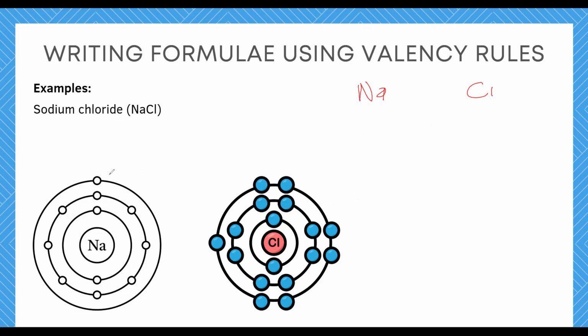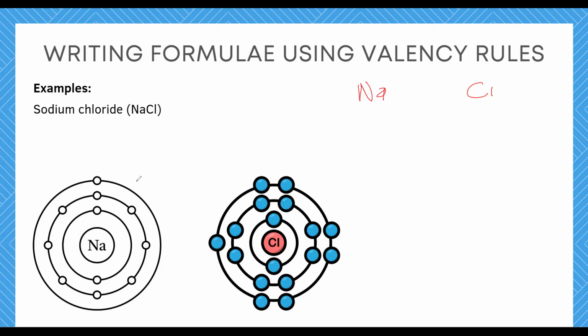How do we know the valency? Remember, valency is what? Valency is the number of electrons that an atom can gain or lose. Perfect. Now look at sodium over here.